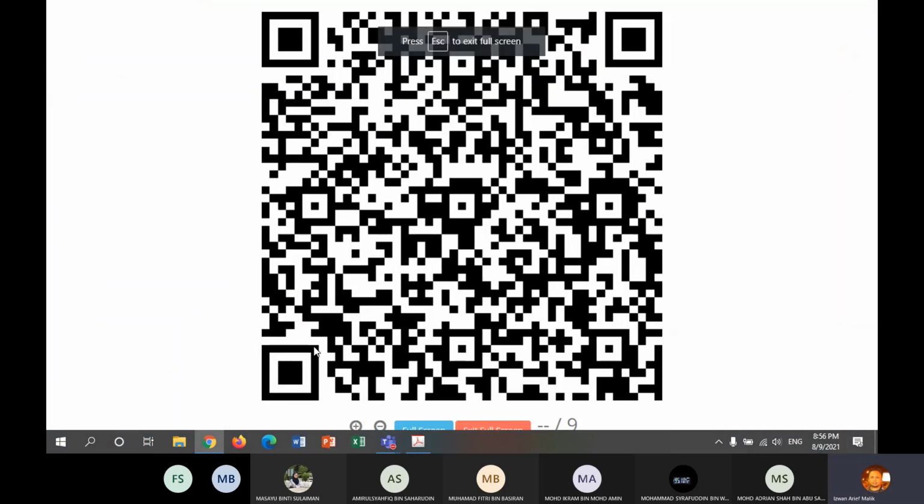Okay, so please scan your attendance guys. Sir, saya tak dapat nak scan lah, sir. Tak apa, nanti bagi nama. Okay. Yang tak boleh scan nanti bagi nama. Yang boleh scan, scan dulu.